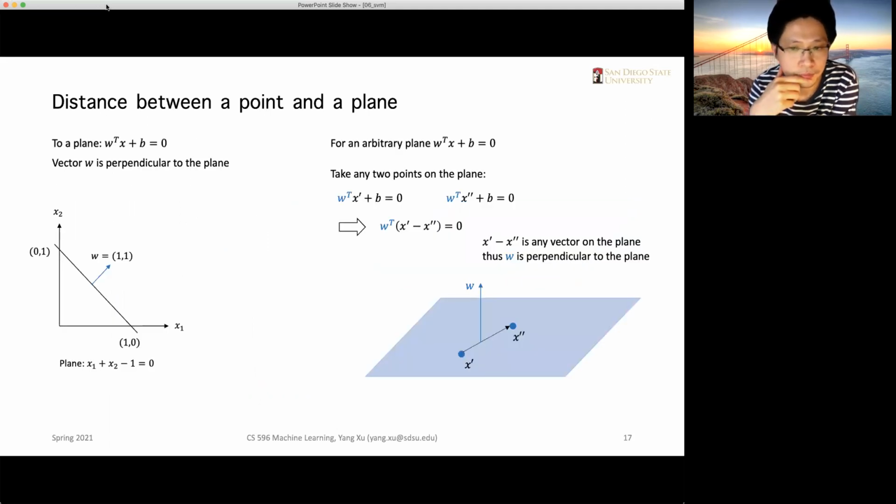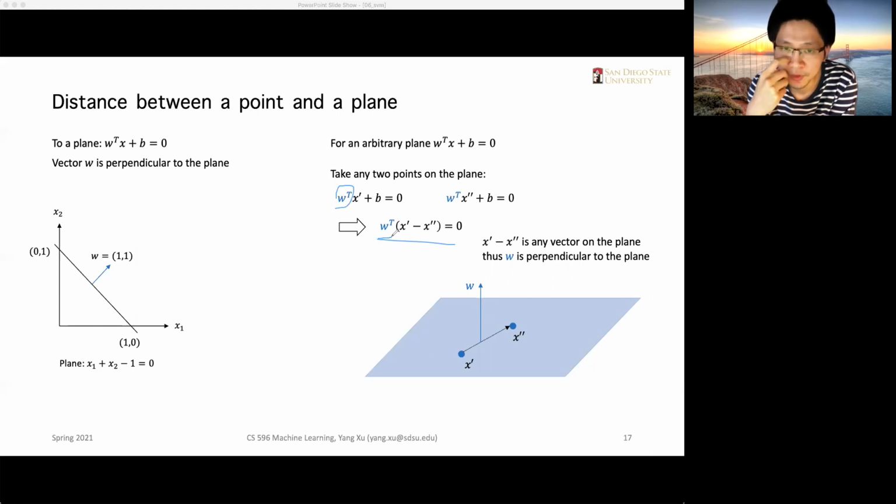Yes. Oh, it's W transpose. Okay. Transpose is just a grammar to put a column vector into a row vector. So if the dot product is 0, that means they should be parallel, right, and not perpendicular.